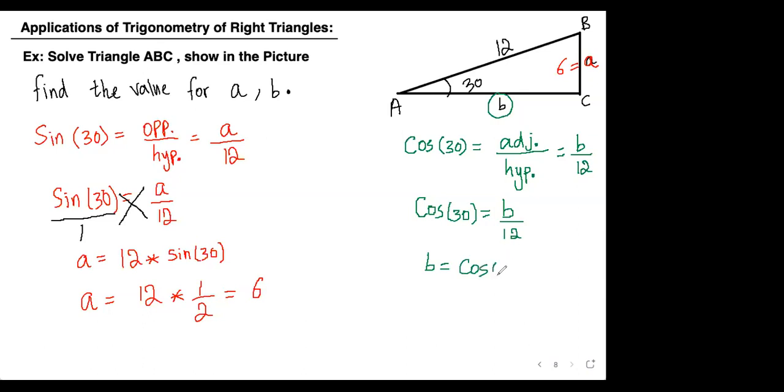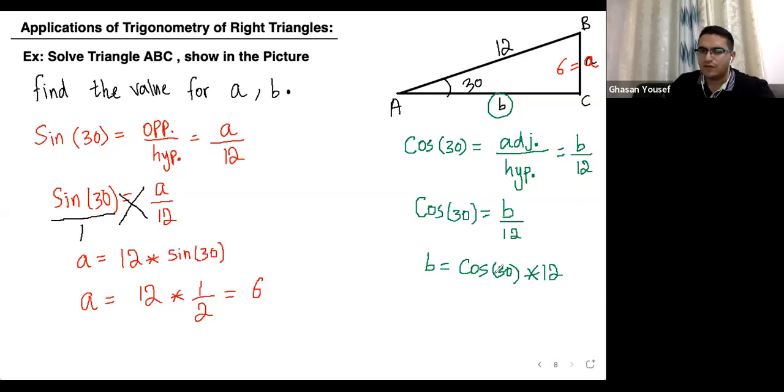The cosine of 30 from the table is the square root of 3 over 2, correct. So here I can say b equals the square root of 3 over 2 times 12.